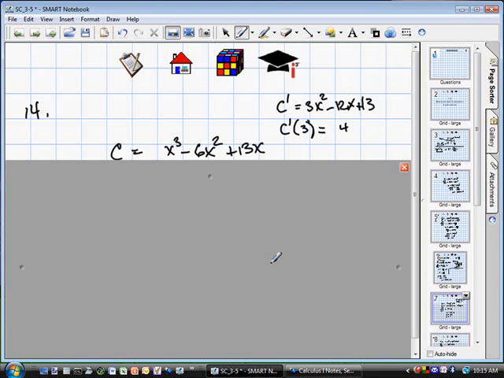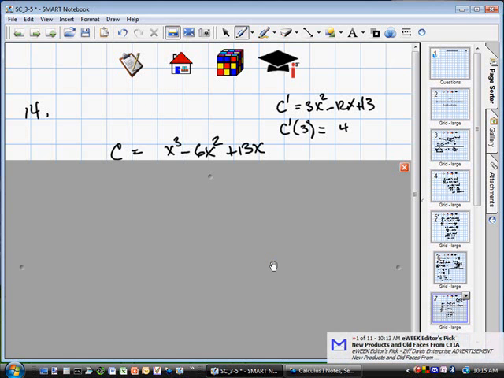Do you remember that one from previous work this year? Just the first derivative of the cost. The derivative of the cost is called the marginal cost. So that last thing they said is show that the marginal cost and the average cost are equal. So in other words, show that C prime of x is equal to C bar.